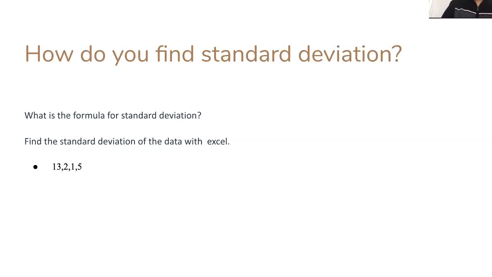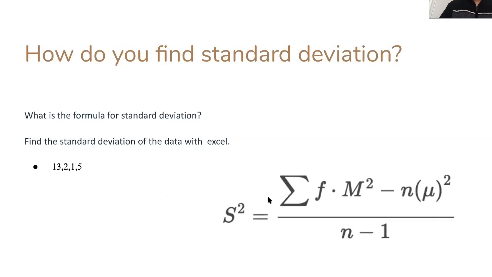Does anyone know the formula for finding standard deviation, not on Excel? This equation is going to be really useful. The standard deviation you can find by taking the sum of all the frequencies times the midpoints squared, minus the number of values you have in your data times the mean squared, all over the number of data you have minus 1, and then you square root that whole thing.